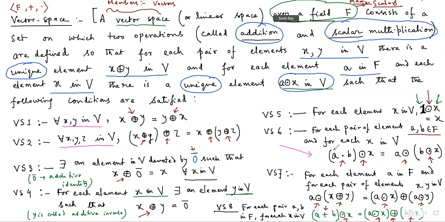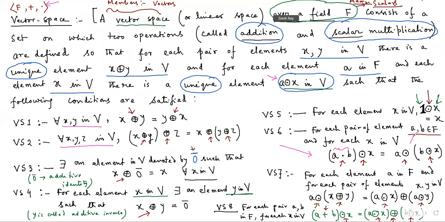First of all, when we are multiplying A and B, I mean the scalar multiplication of the elements A and B of the field, so I use the dot given over here. The multiplication of two scalars is also a scalar. So when we get the scalar A dot B, and it is multiplied by the vector x, this is the scalar multiplication type of thing. So outside the bracket, I used this particular multiplication operation, dot inside a circle.